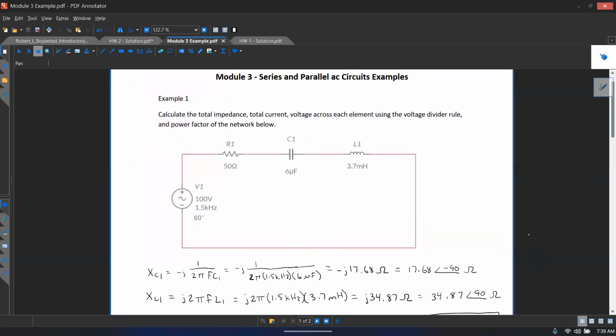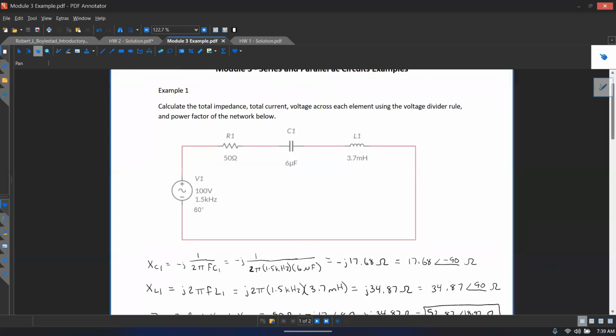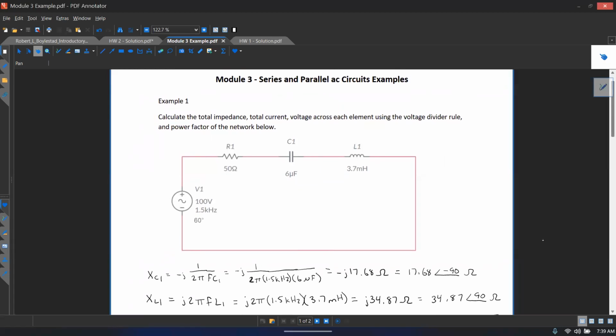So for the first one, it says calculate the total impedance, total current, voltage across each element using the voltage divider rule. And so you want to make sure that whenever you're showing your work, you are using the voltage divider rule. You can use Ohm's law to do this example, but in your homework, it'll specify which method it wants you to use.